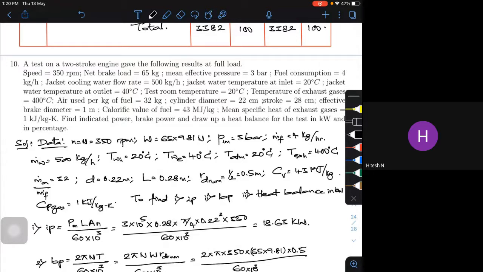So mass of air plus mass of fuel is the mass of gas, into Cp of gas, which is given as 1 kilojoule per kg Kelvin, into the difference in the exhaust gas temperature. The exhaust gas temperature, measured at the exhaust pipe, is 400 degrees Celsius, minus the atmosphere, where I am throwing the gases, at 20 degrees Celsius. So 400 minus 20. I will get the heat lost due to exhaust gases.